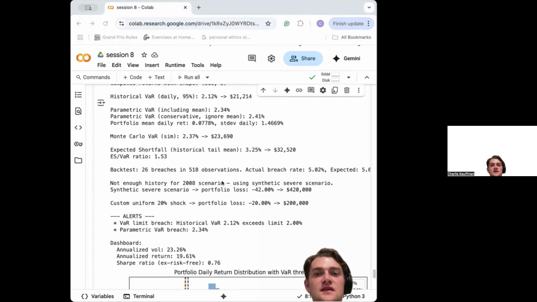And if we see losses in the 30 to 50% range from these shocks, that means our portfolio is highly exposed to systemic market crashes, and we need to reduce concentration or add hedges.